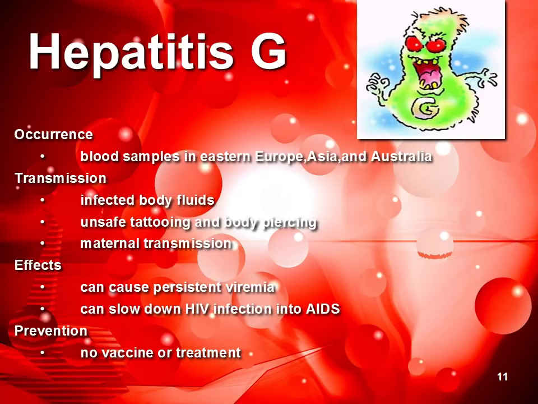Hepatitis G. Well, you might be wondering what happened to hepatitis F. The story is that after strands A to E were identified, there were a few cases that didn't fit in anywhere else, and they were labeled hepatitis F. Over time, researchers realized they couldn't isolate hepatitis F as a separate disease, and that in fact, the so-called hepatitis F cases were really just mutations of hepatitis C. But by the time they had already found and identified hepatitis G, it was too late to change hepatitis G to hepatitis F just for the sake of alphabetical order.